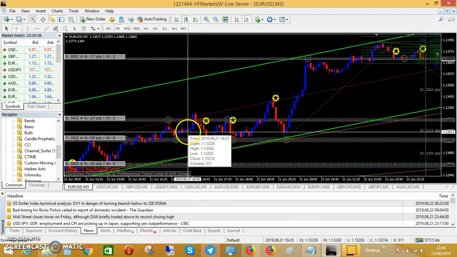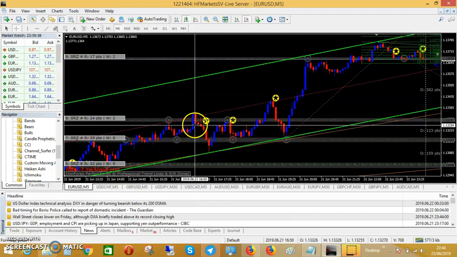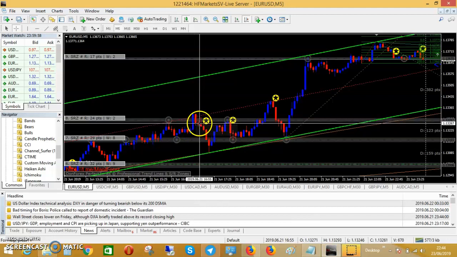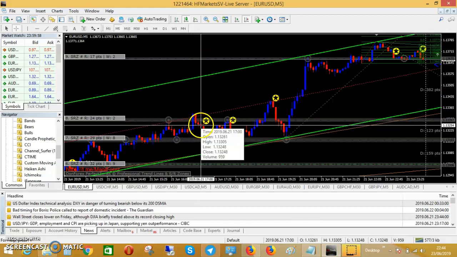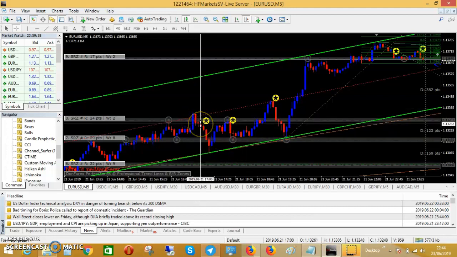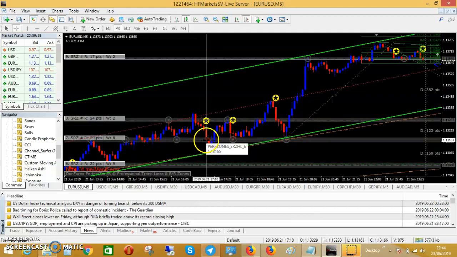Looking at what's happening here, you can see that the price just hit the resistance, and you have a buy signal here. To filter this signal and get the best result, you can wait for the price to come to the support area.